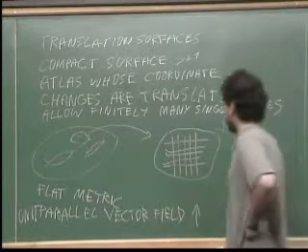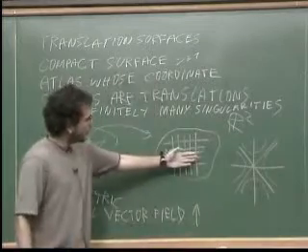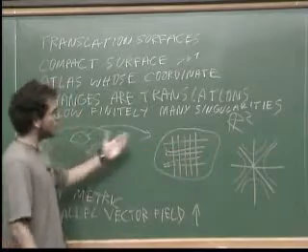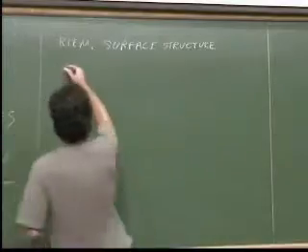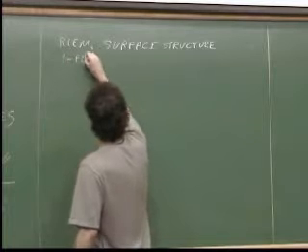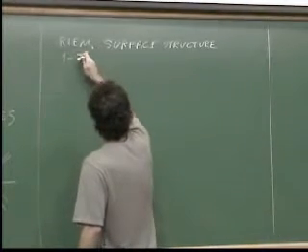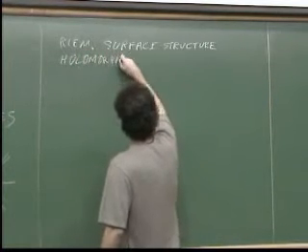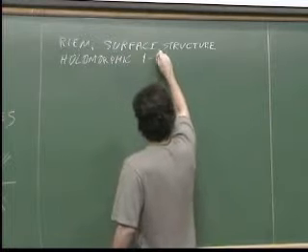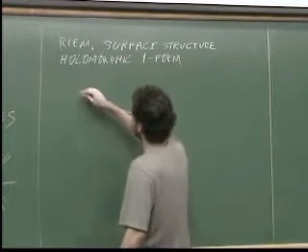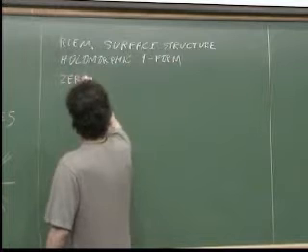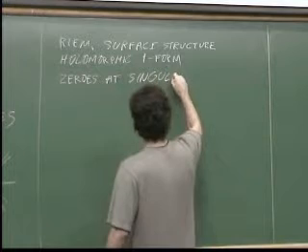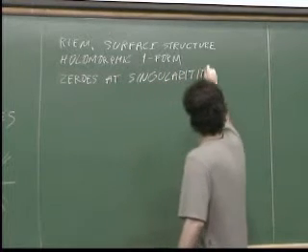Plus, you can actually pull back the abelian differential, the one form dz, to here, because dz is invariant by translations. So you also get a holomorphic one form, and you have the zeros of this form at the singularities.